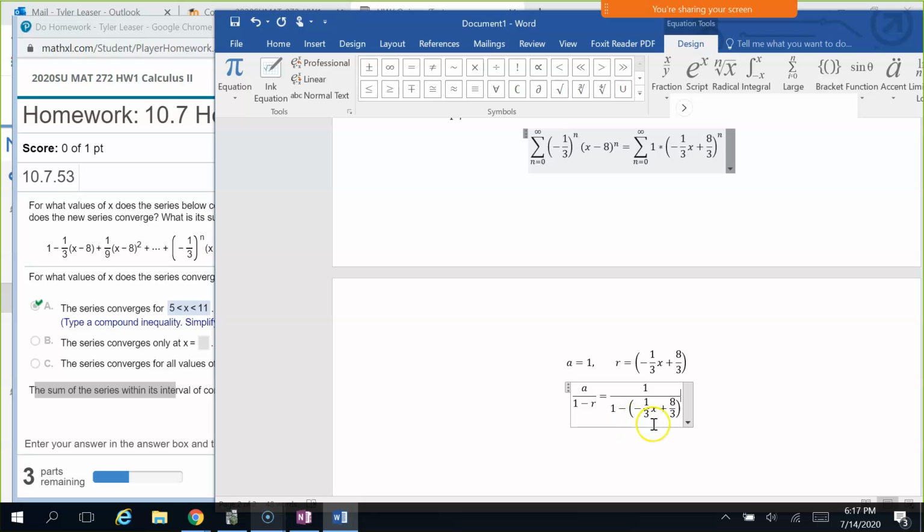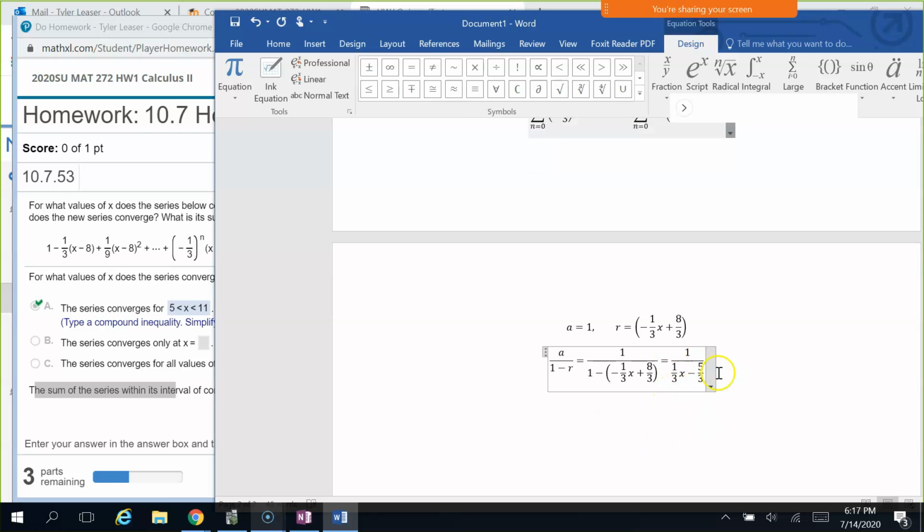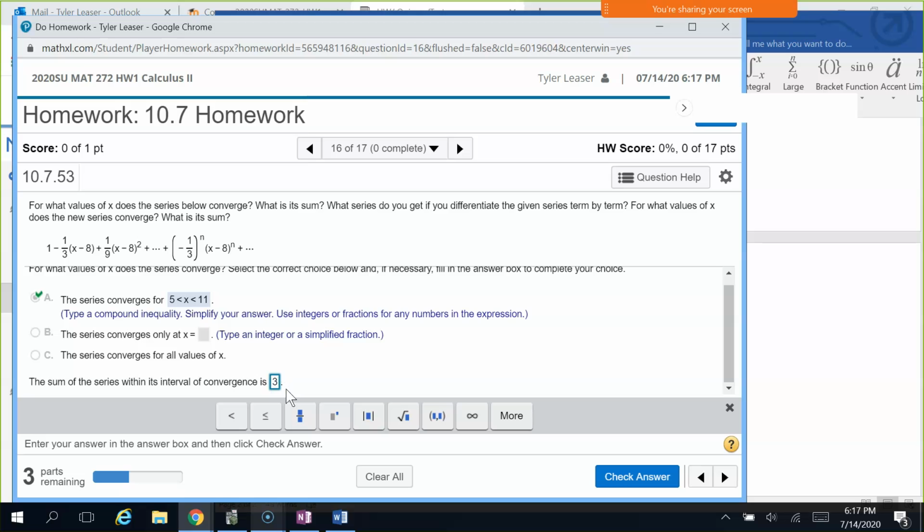So we'll simplify this down a little bit, distributing the negative sign into the parentheses here. We're going to have 1 minus 8/3, which is negative 5/3, and then negative of negative 1/3 is positive 1/3. Another thing you could do here to make this look a little bit better is to multiply top and bottom by 3. I'll go ahead and do that. So we get this, 3 over x minus 5, and that has to be the sum.